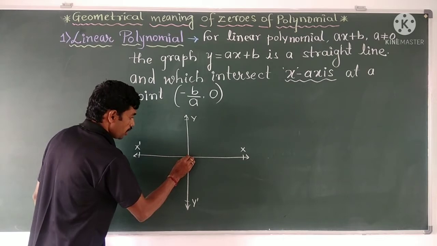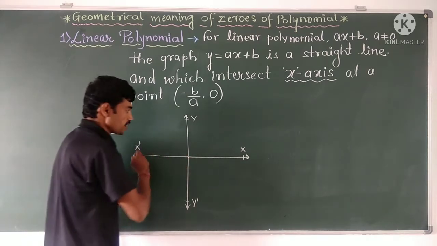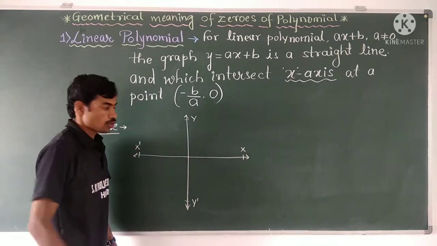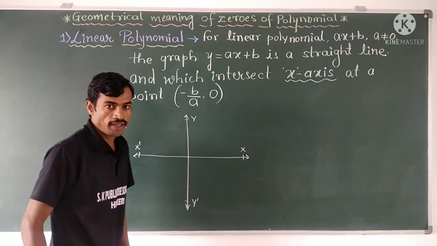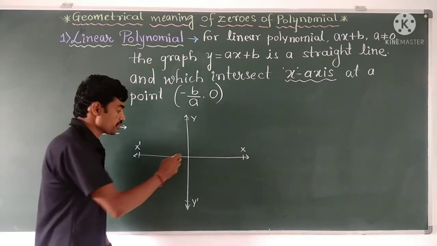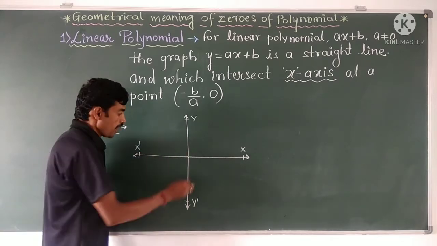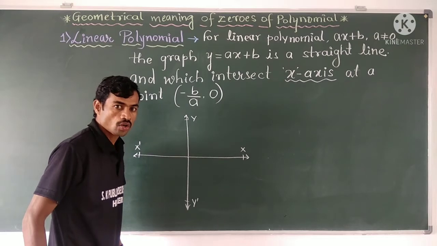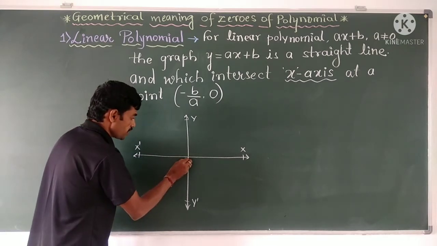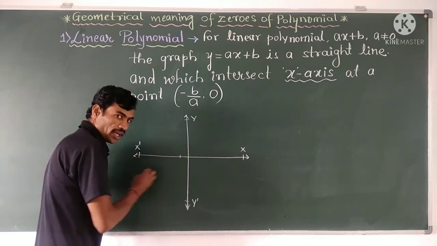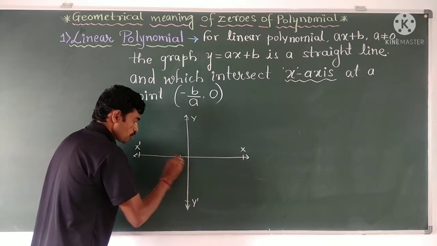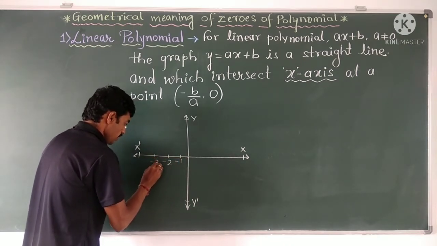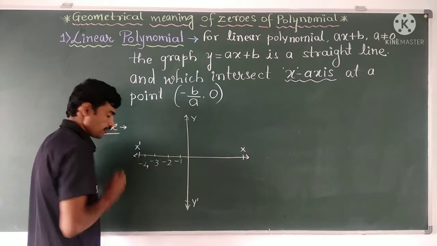Here we have two lines, one vertical and one horizontal. Both intersect at a point called the origin, and the coordinates of the origin are 0, 0. From 0 to the left we take negative numbers: -1, -2, -3, -4.